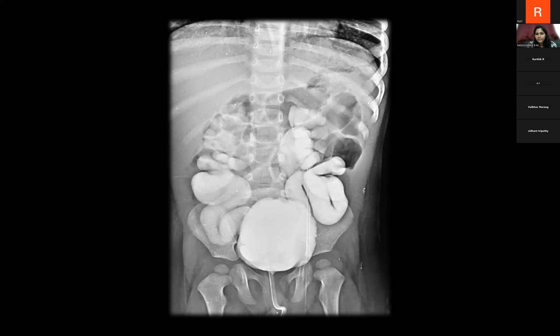Okay, grade 4 is moderate dilatation. Whether the papillary impressions will be preserved or not, type yes or no. Yes, very good, preserved papillary impressions. And in grade 5, there will be loss of papillary impressions.